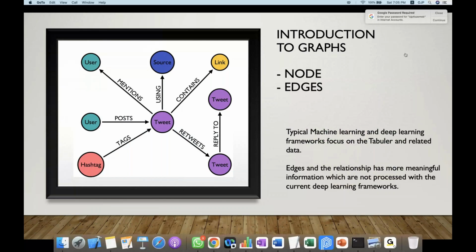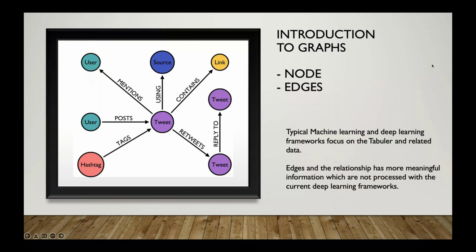This is an example of a Twitter tweet. How is it being represented? When you look at a simple tweet, there are various details incorporated. It could have users who post that particular tweet. That tweet might mention a specific user, and it could have some hashtags as part of it.